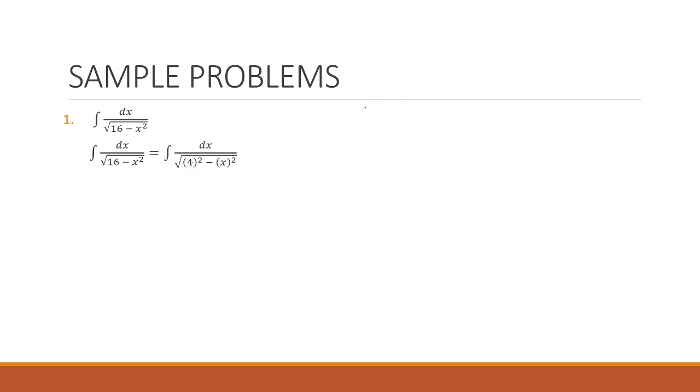So let's identify the components of the formula. So a here is 4, and then u is x. If u is x, then du is dx. Okay.